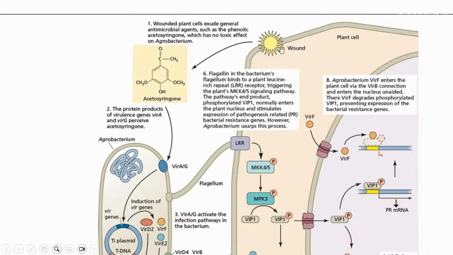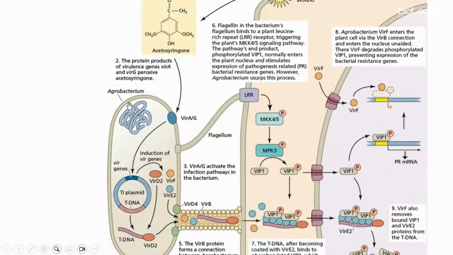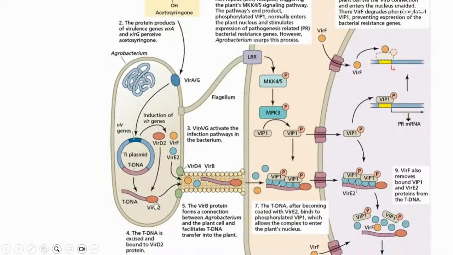Whenever there is an injury, the plant releases components, that is acetosyringone, and that will be recognized by our agrobacterium. So our A and G will be activated, and this leads to the activation of the rest of the virulence genes. Then the conjugational pore will be there, and they will help in the release of tDNA to the plant cell. So till that, it's clear and it's the same.